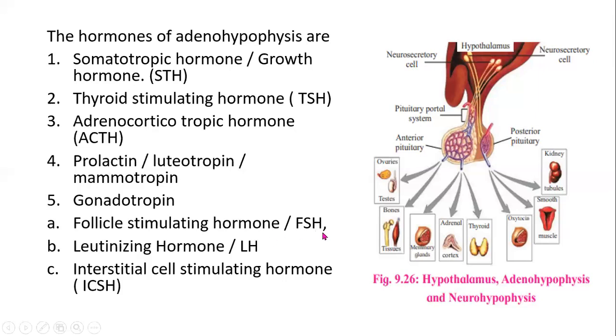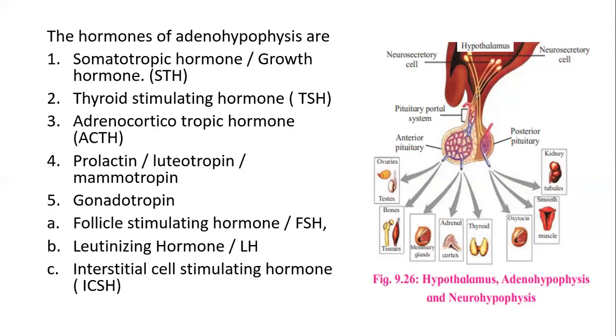See here in the figure, this FSH is responsible for the development of ovaries and testes. That is development of ovarian follicles in female, concerned with ovary, and in males, development of seminiferous tubule in testes.